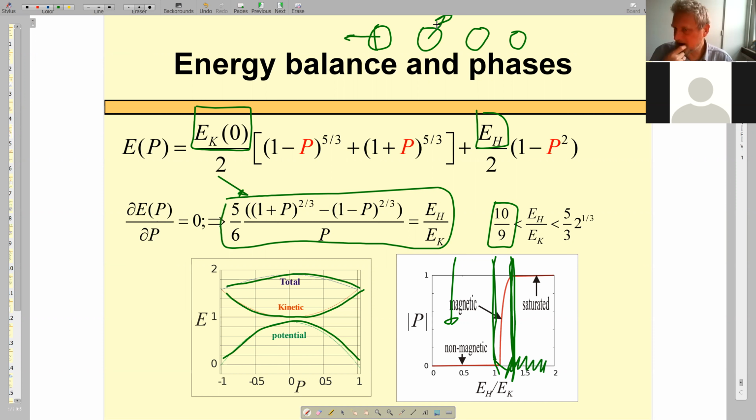And there is a small interaction between spins, which comes about from the tunneling of electrons between these two localized states under high interaction. So it's more or less an insulator model.